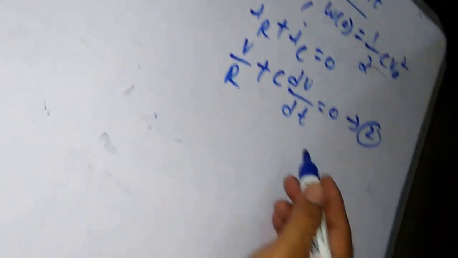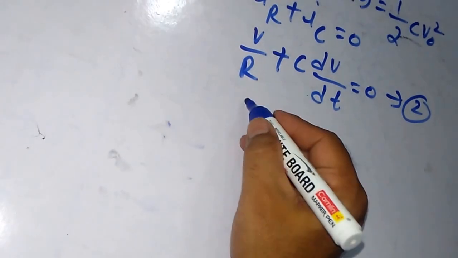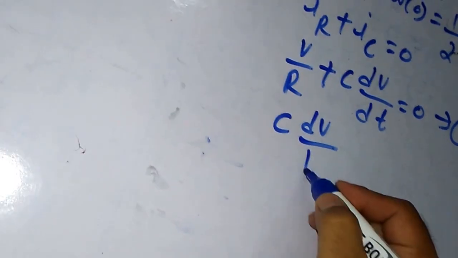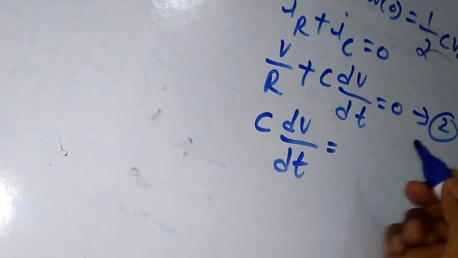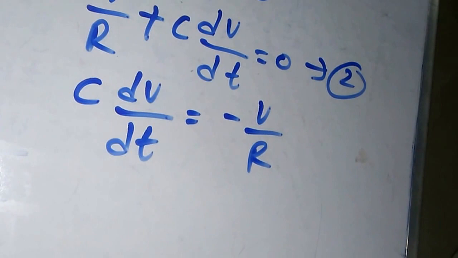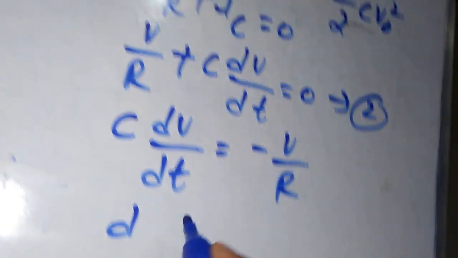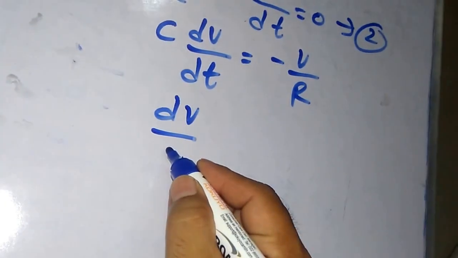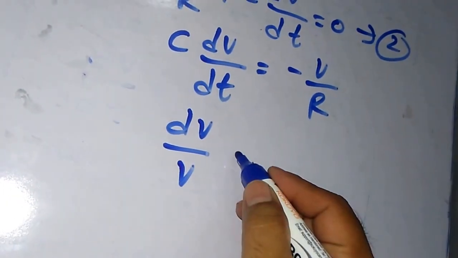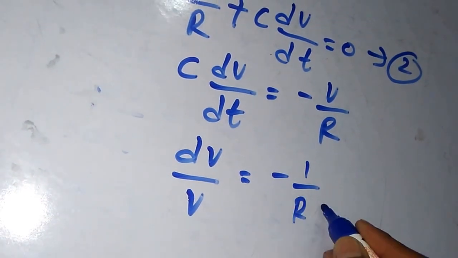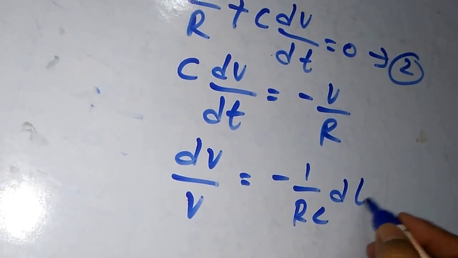So here we try to rearrange this equation. You can rearrange it as C into dV by dt is equal to minus V by R, and since we need to find an expression for V of t, we can rearrange this as dV by V is equal to minus 1 by RC into dt.